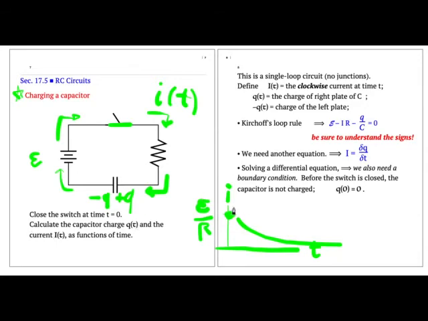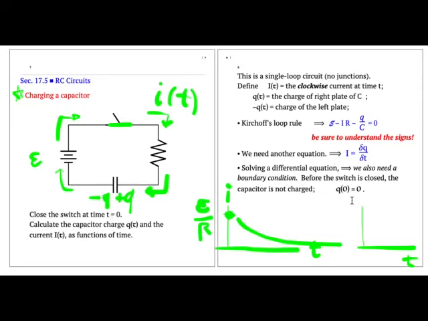Now, as the current starts at some value and decays to 0, the charge on the capacitor as a function of time starts from 0, assuming that we've discharged the capacitor with the switch open, and then we close the switch with a completely discharged capacitor.